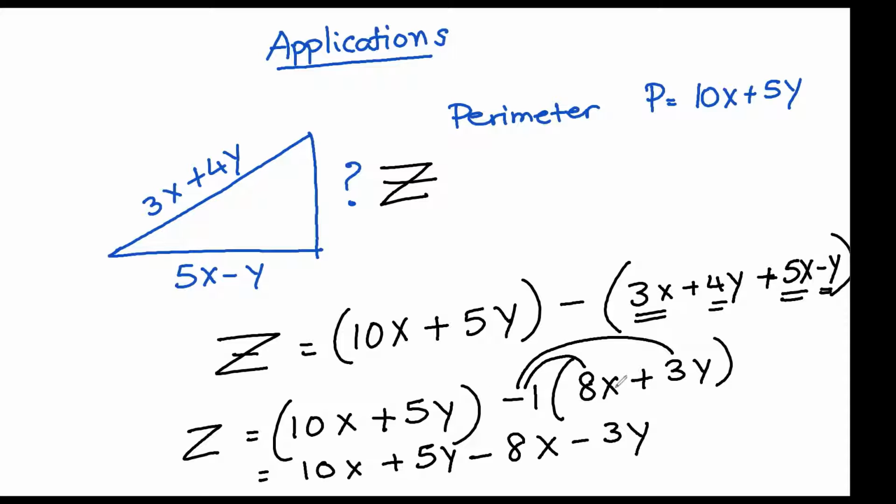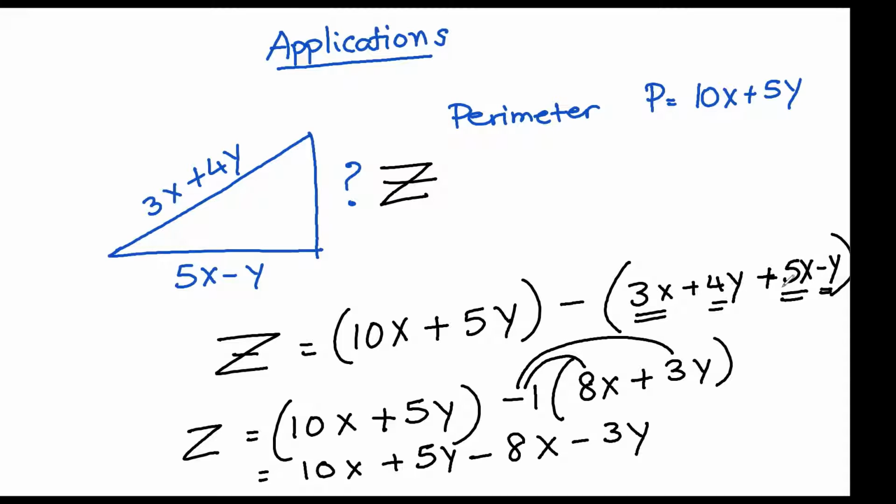Or in other words, whenever you're subtracting two polynomials, the signs of the coefficients of the second polynomial are going to flip. So here it is positive 8x, it becomes -8x. Positive 3y becomes -3y.